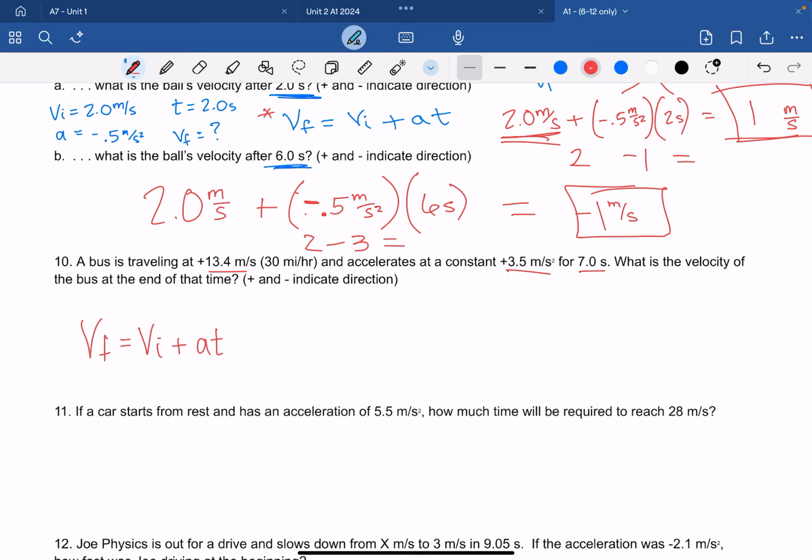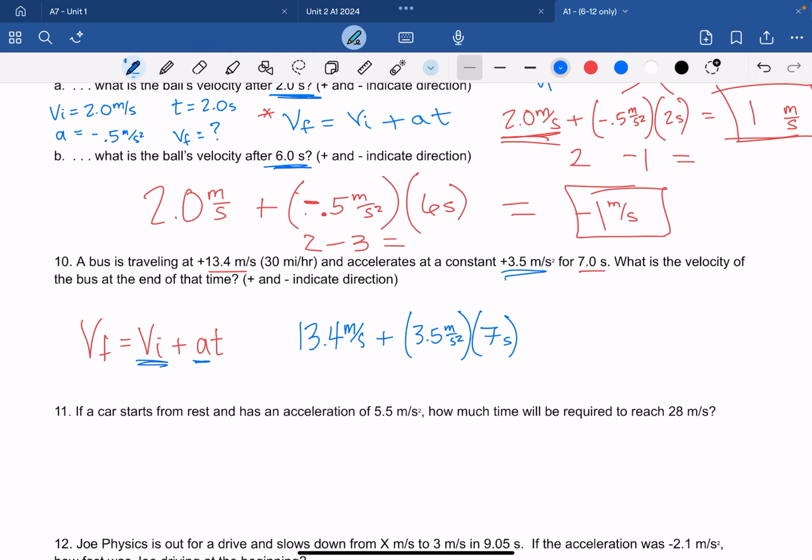So there's our initial velocity, 13.4 meters per second. Plus acceleration, which is that 3.5 meters per second squared. And our time is the 7 seconds.